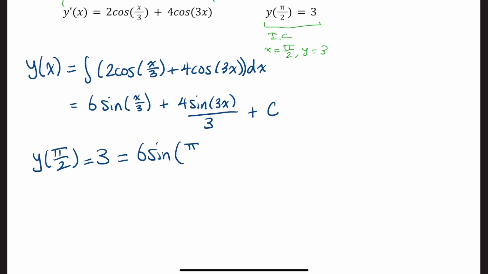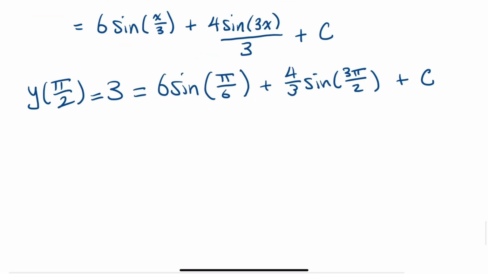So I'm just going to change this to pi over 6 plus 4 over 3 sine 3 pi over 2. And don't forget the constant of integration plus c. And so now we know that sine of pi over 6 is just 1 over 2, and sine of 3 pi over 2 is just negative 1.